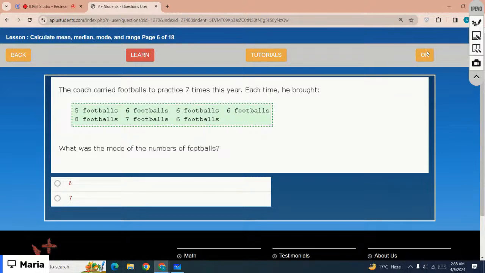That means the mode value is 6. The correct option is 6.